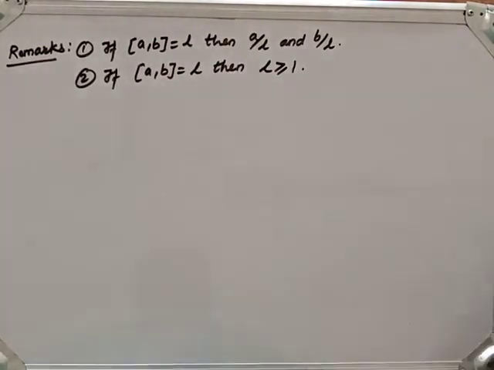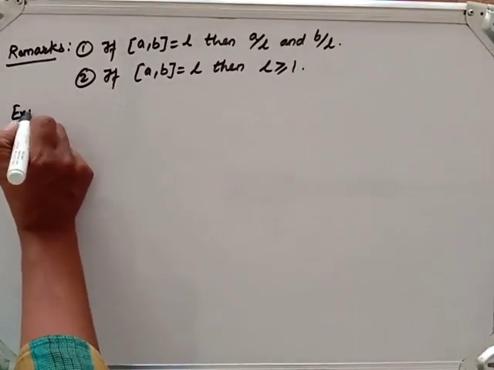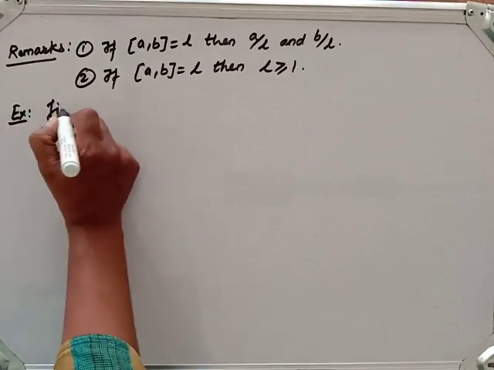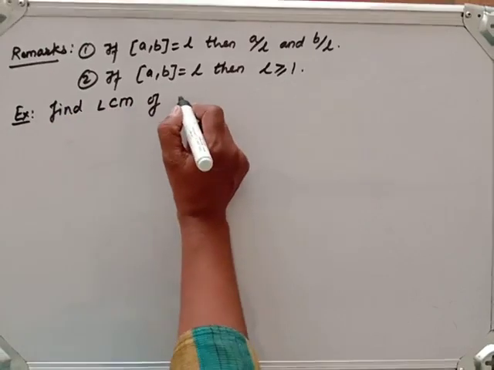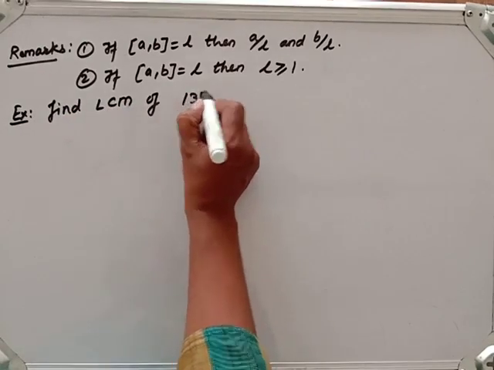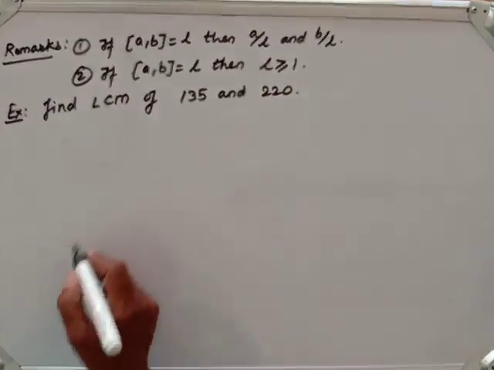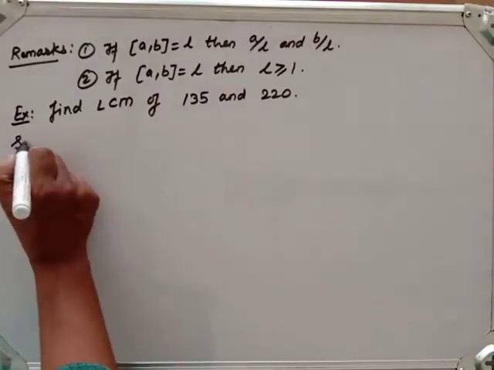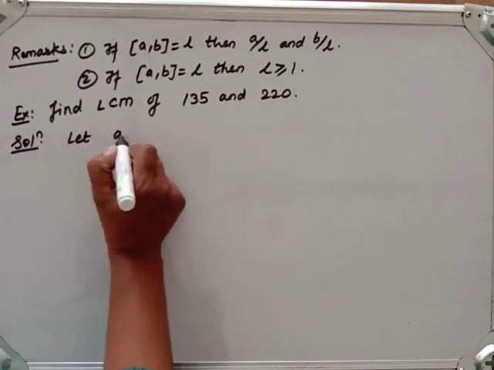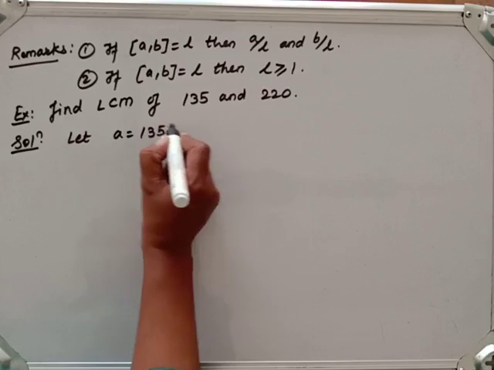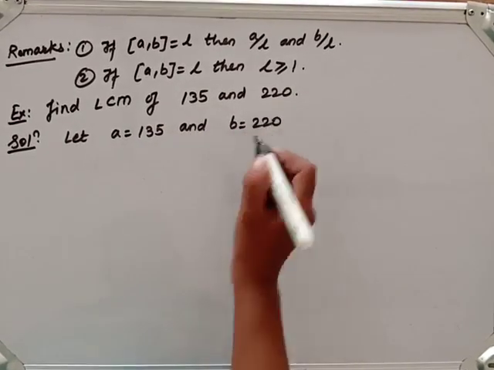Now let me take a very small example and then we will stop here. We will take other things in the next video. So let the example be: find LCM of 135 and 220. Solution of this one. Let A is equal to 135 and B is equal to 220.